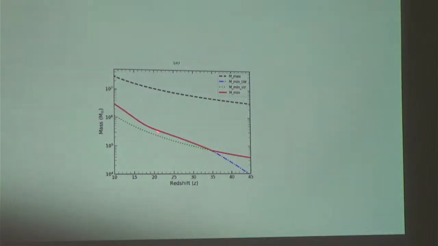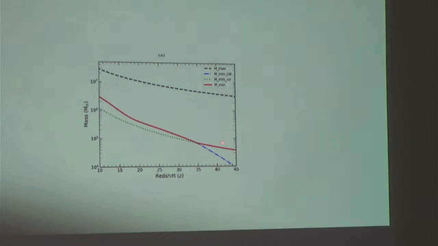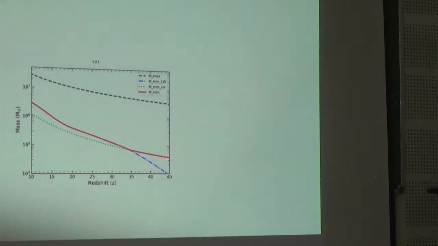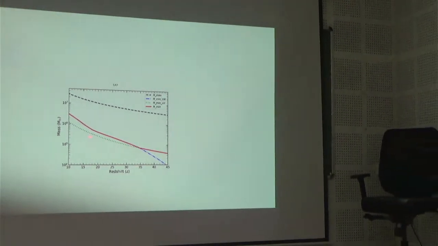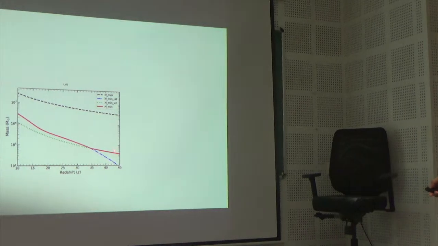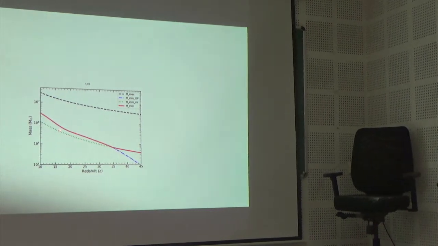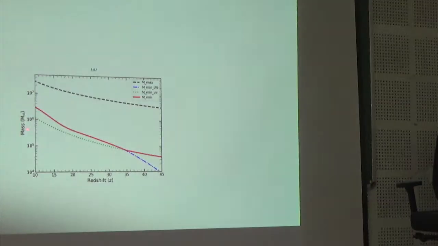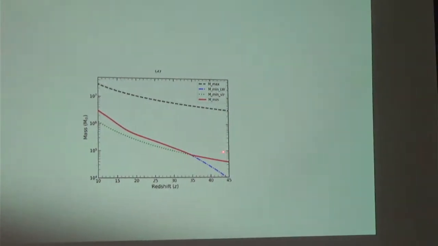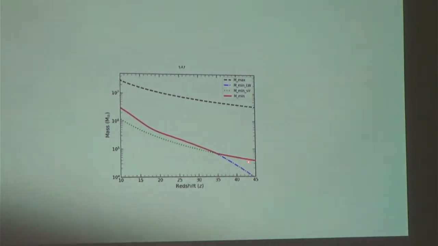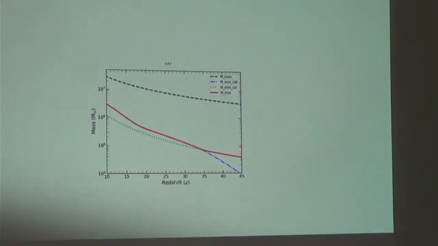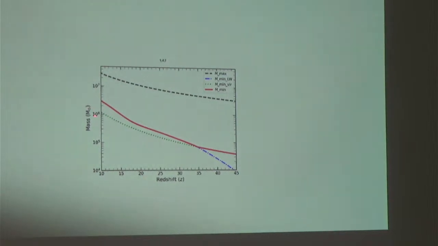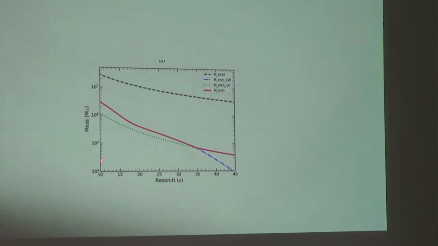It is calculated using these two equations. At higher redshift, the minimum mass is smaller, and if you go to lower redshift, it is increasing. The typical number is 10 to the power 5 at higher redshift around 45, and around 10 to the power 6 solar mass at redshift around 10.